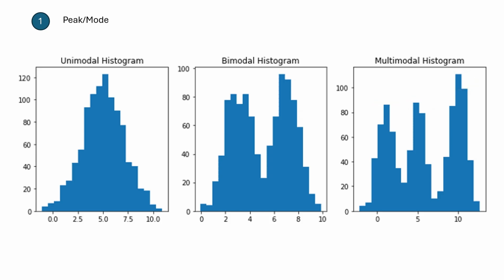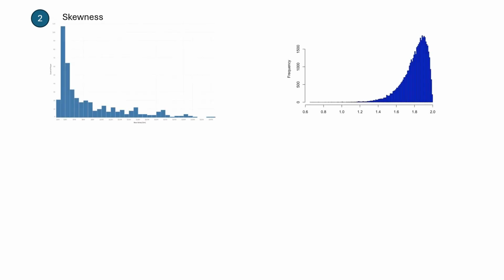Number 2, skewness. This simply identifies the direction with low concentration of data, and because of its tail-like appearance, we regard it as a tail. Skewness helps us understand the spread and balance of the data. Now, here are the specific cases with skewness. If the tail is longer on the right, the data is right skewed.